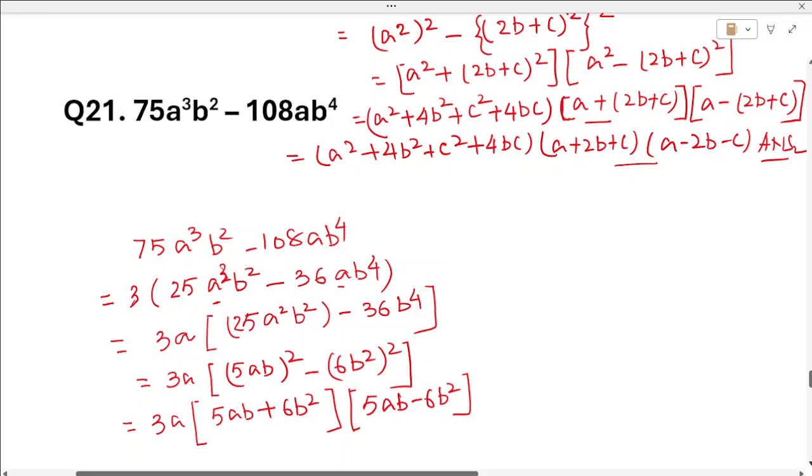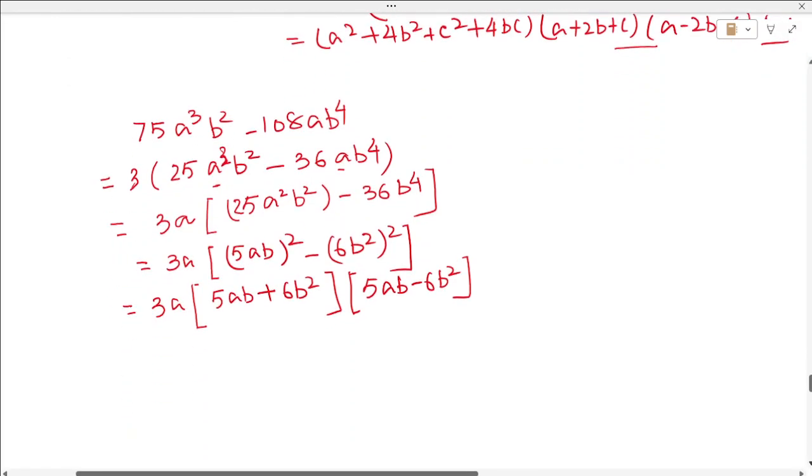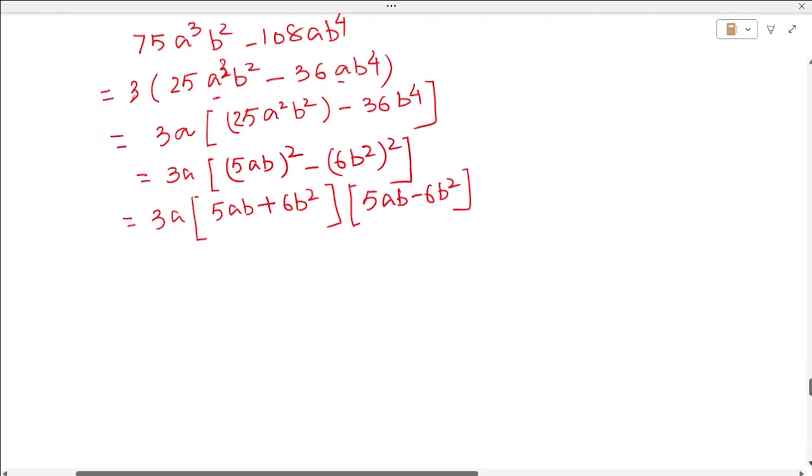So now it will become what? It will become 3a. Now note one more thing, you can take b common out from here and b from here also.